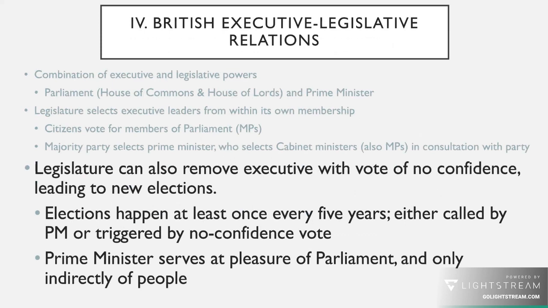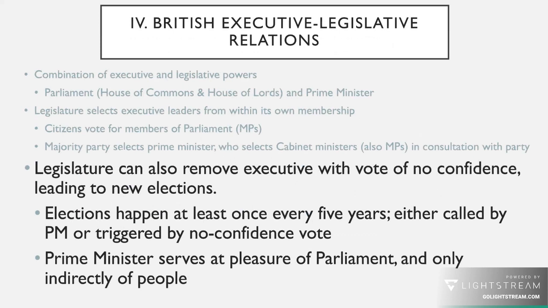In the British system, it's generally understood that parliamentary elections happen at least every 5 years, at least once every 5 years. But they can happen more often, either because the prime minister decides that now is a good time to have an election. This is when his or her party is strong, so this is the time to strike. Or because it's triggered by a no confidence vote.